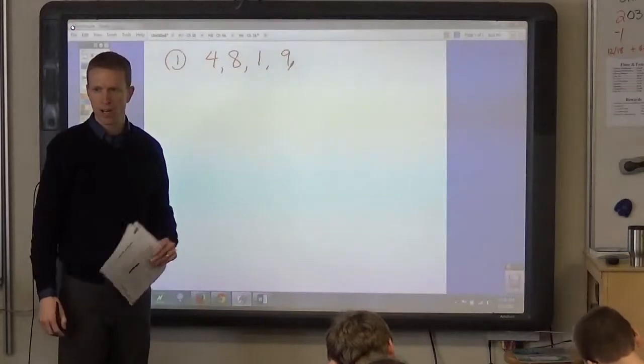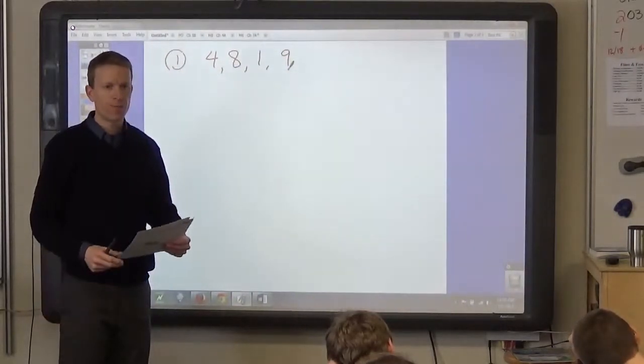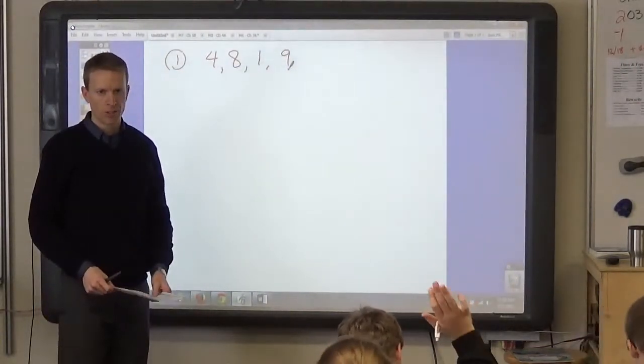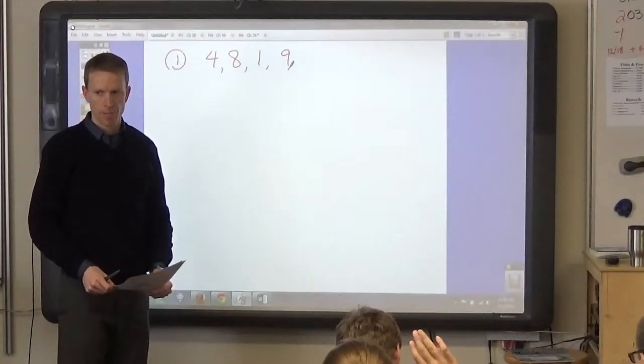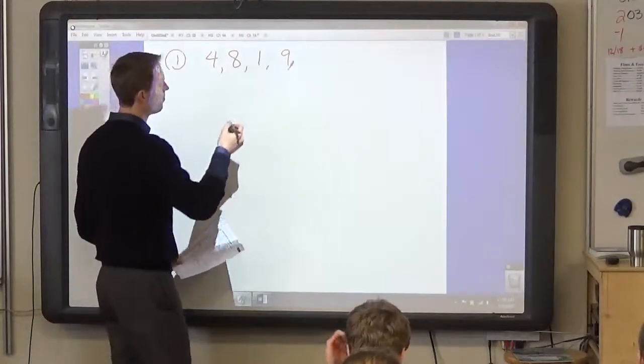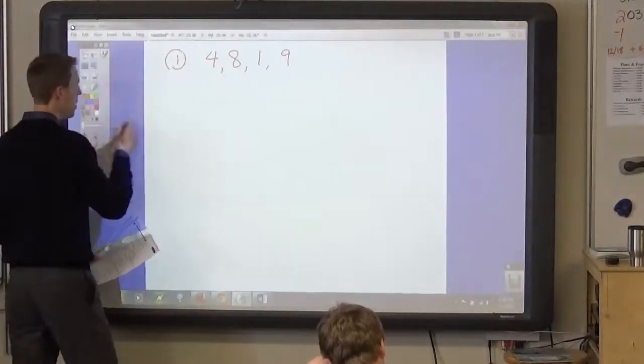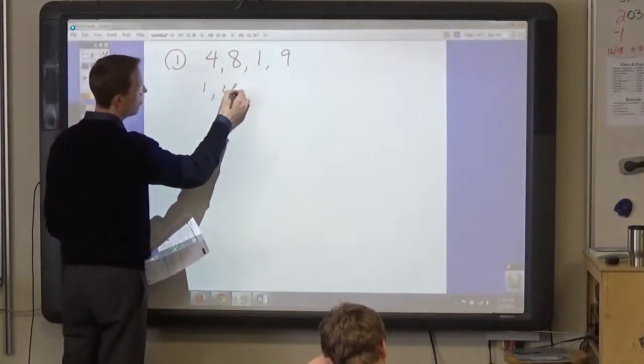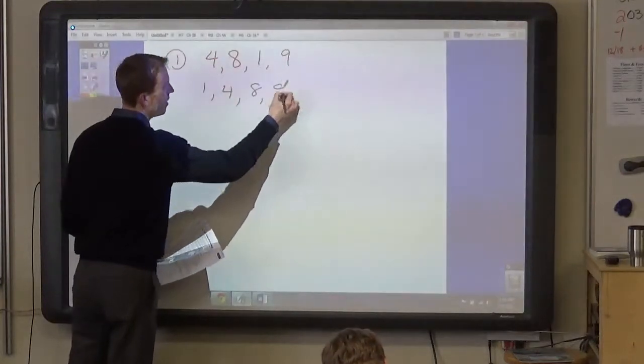Right? 4, 8, 1, and 9. What do we have to do first in order to analyze the numbers? Put them in order. So you'll have to rewrite them as 1, 4, 8, and 9.